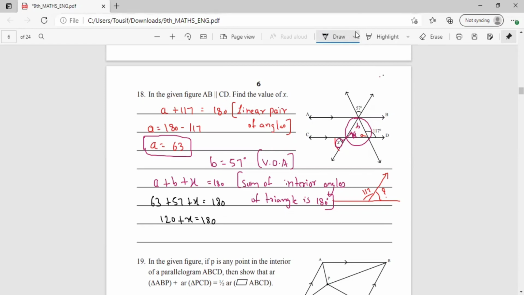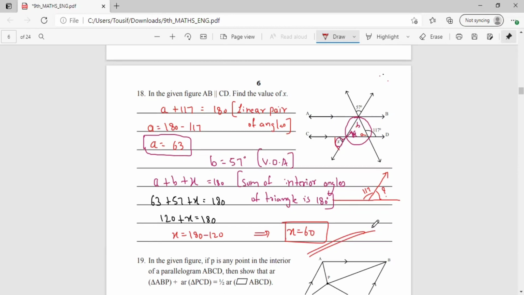Now just transpose the value. So X is equal to 180 minus 120. So we got the value of X as X is equal to 60 degree. Okay, that's it for the second one.